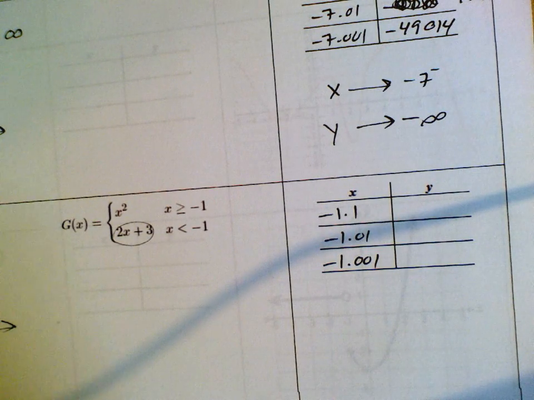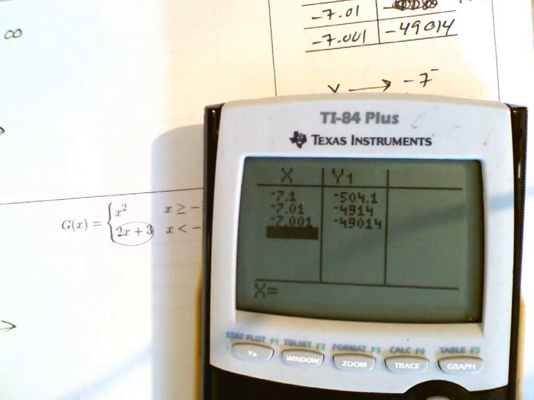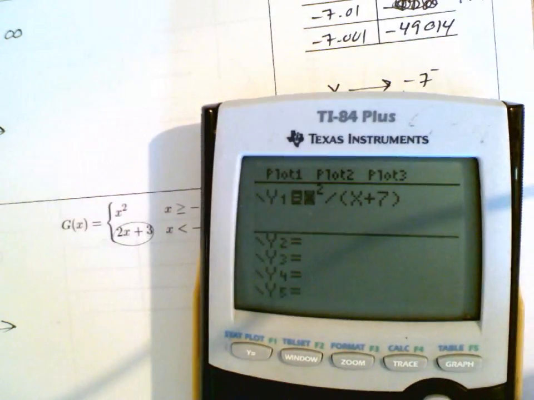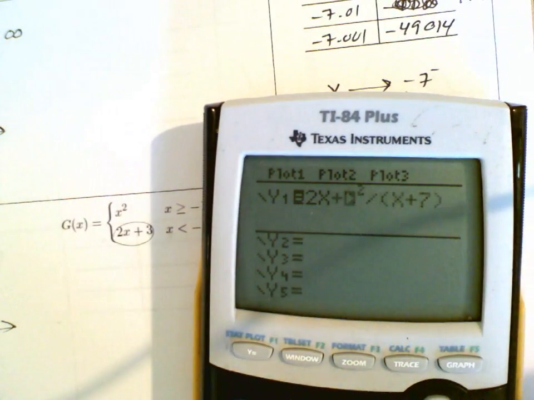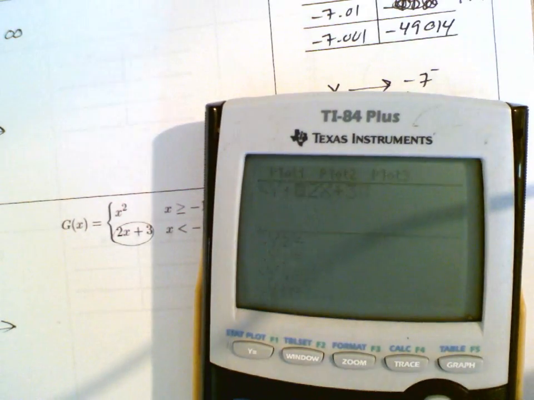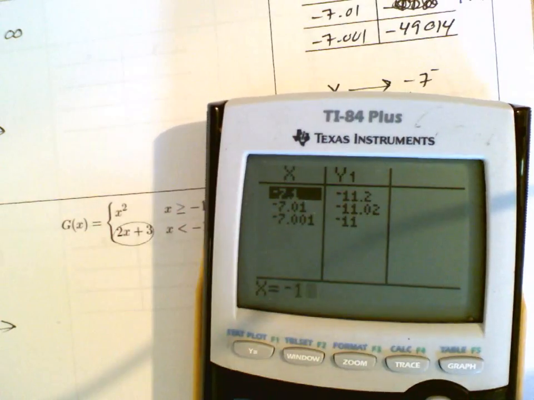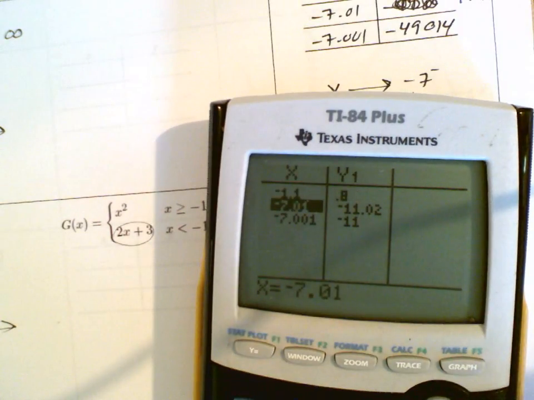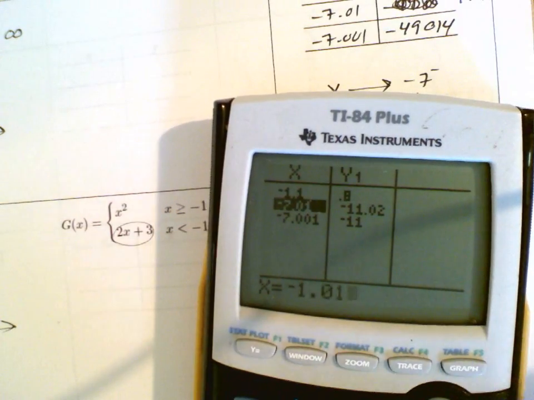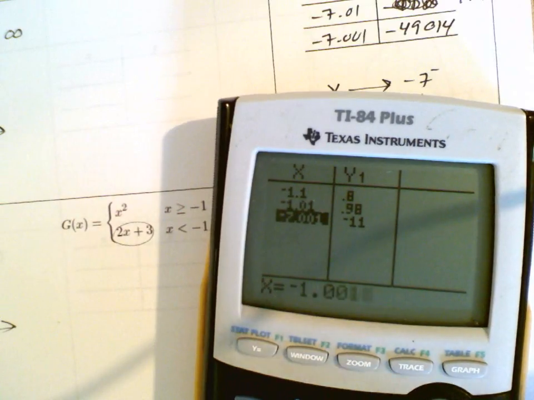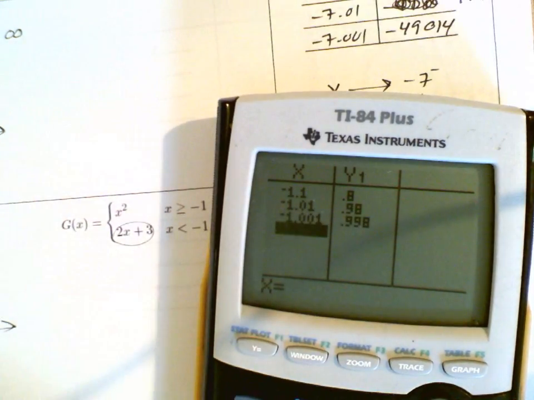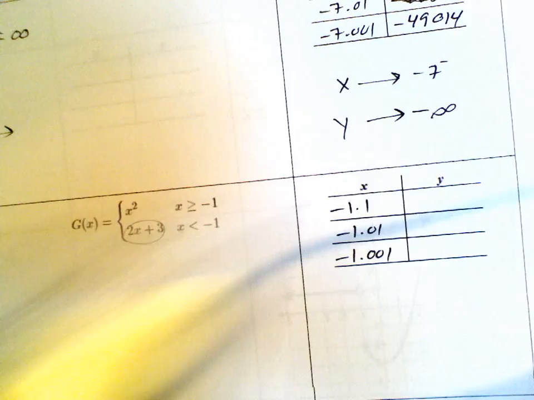I'm going to be plugging in 2x plus 3. There's my table: negative 1.1, negative 1.01, negative 1.001. I'm going to write down those y values, and then we'll talk about what they mean.